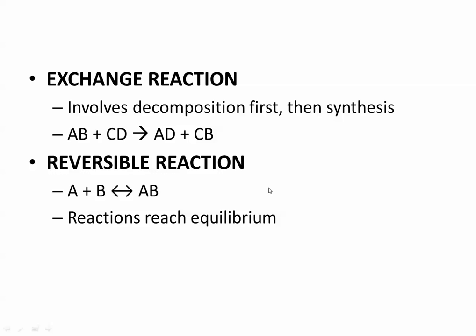Now, when a reaction reaches equilibrium, then this is happening at the same rate. So for every reactant we have on this side, where we have A getting together with B to make AB, somewhere else a molecule of AB is breaking down into A and B.